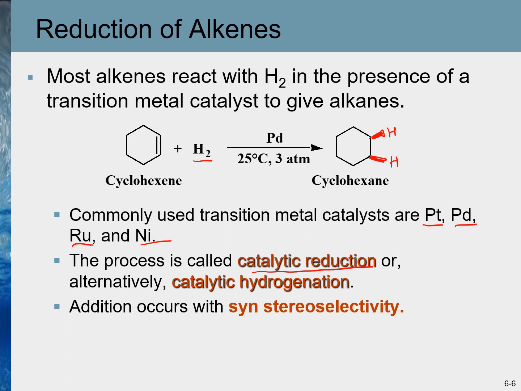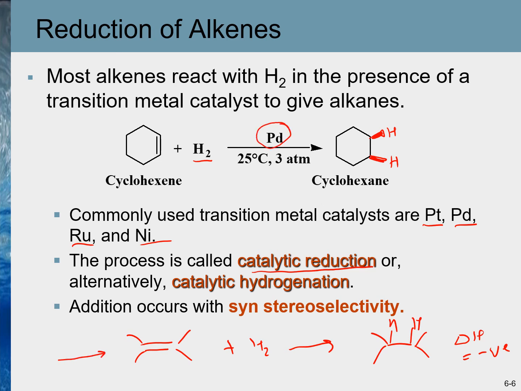Although the addition of hydrogen to any alkene is an exothermic process, so delta H is negative, in the absence of any catalyst this process occurs painfully slowly. That's why we have to use a metal catalyst. Metal catalysts make this process go faster.